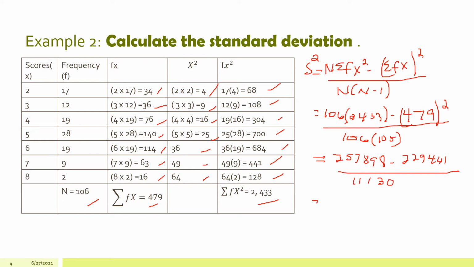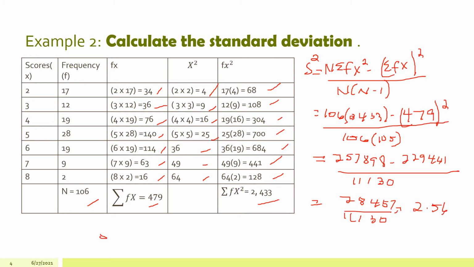Then subtract, the answer is 28,457 divided by 11,130. Approximately, the variance is 2.56.